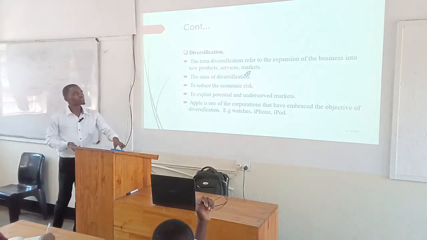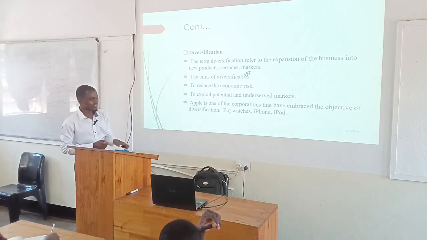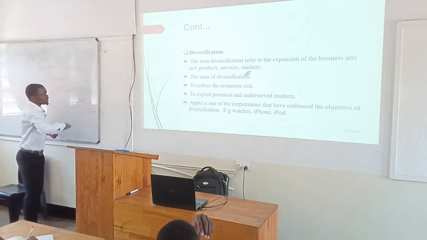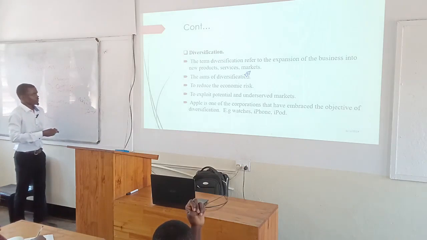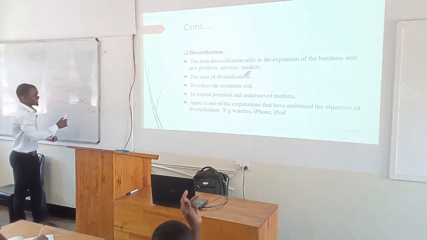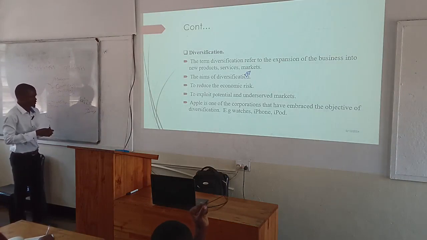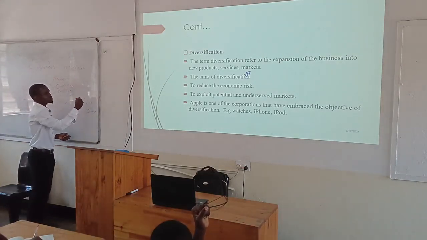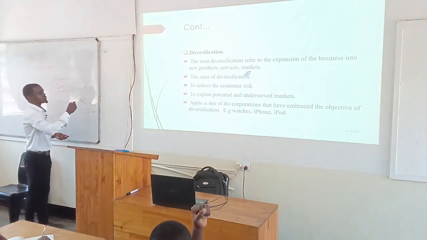And then we also want to exploit potential and underserved markets. So yes, we are providing maize. The majority of Malawians, all Malawians, they use maize for nsima. But then we have maybe a certain group of people, they don't consume maize.